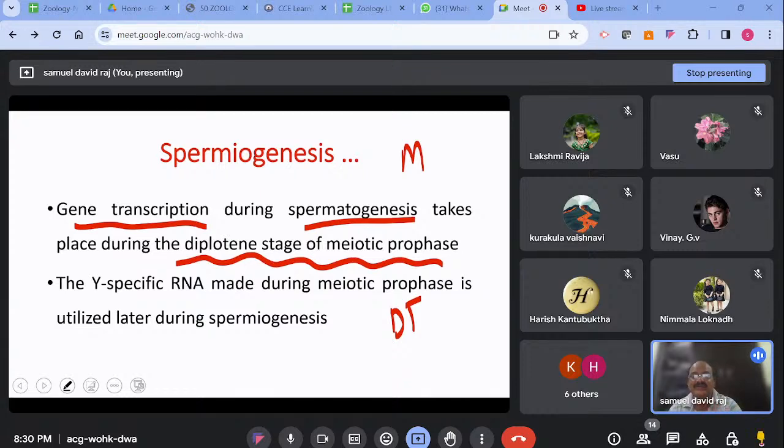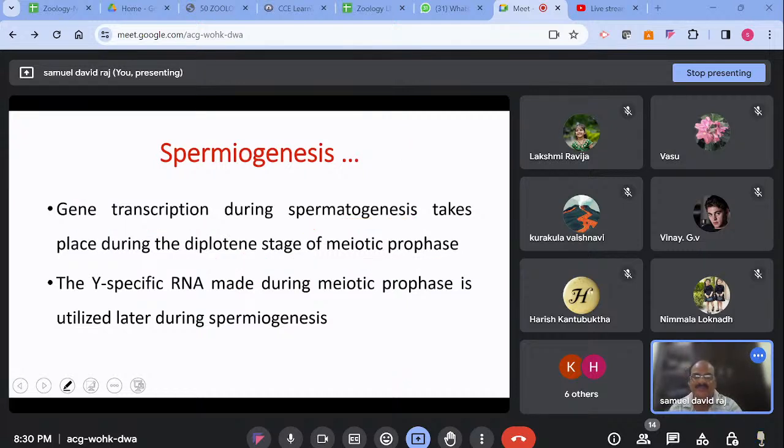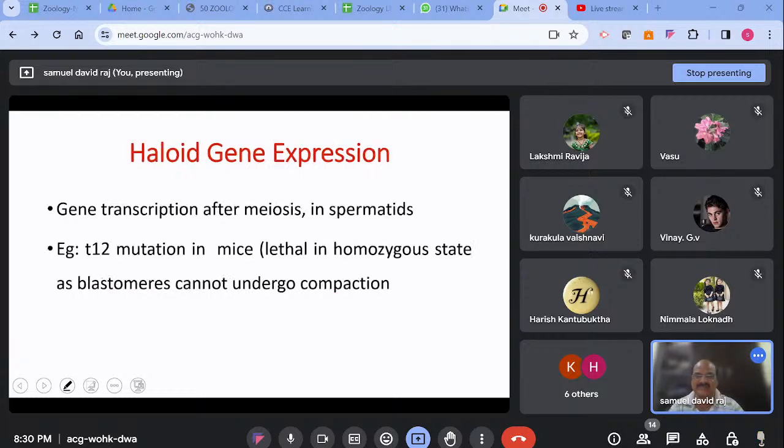During this meiotic block, at the time of diplotene in prophase 1 of meiosis 1, gene transcription takes place. That is what scientists discovered. In addition to this, the Y-specific RNA made during meiotic prophase is utilized later during the process of spermiogenesis.